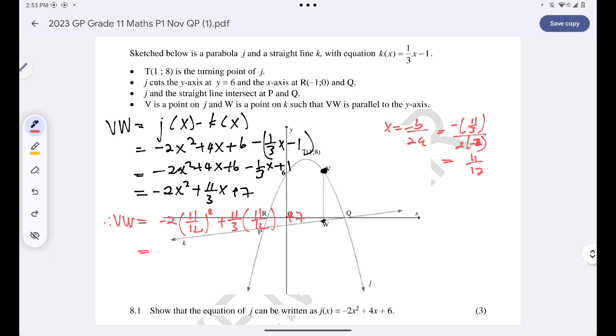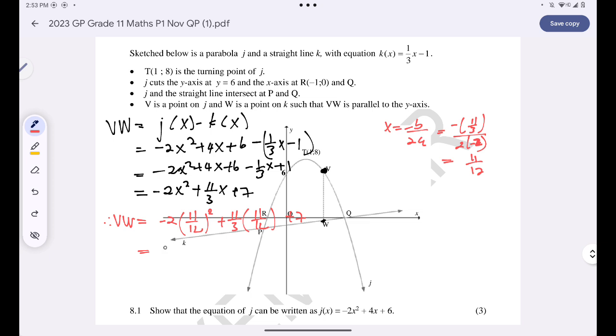Negative 2 times 11 over 12 squared plus 11 over 3 multiplied by 11 over 12 plus 7.